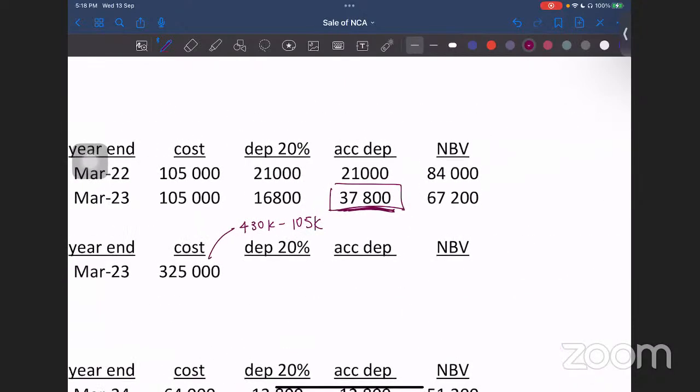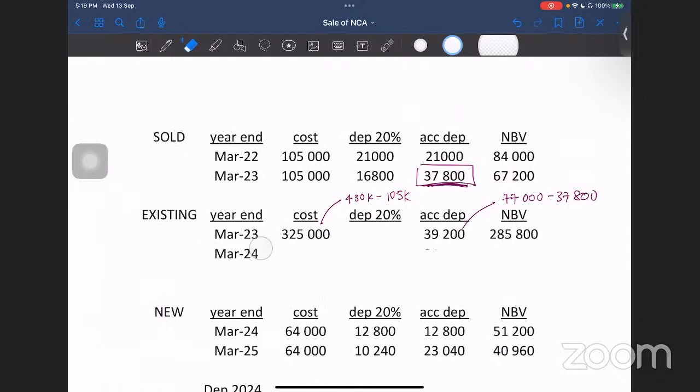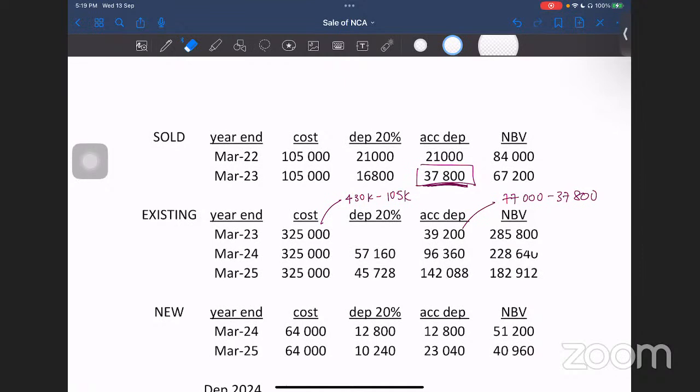So to find acc D, I need to take 77,000 minus my 37,800. And I get this. Then the rest will be the same standard steps that you will do. So we will do this until 2025 because the question asks until 2025.